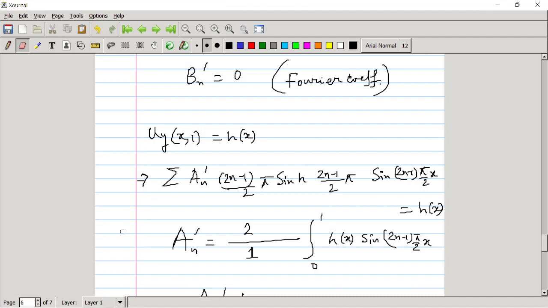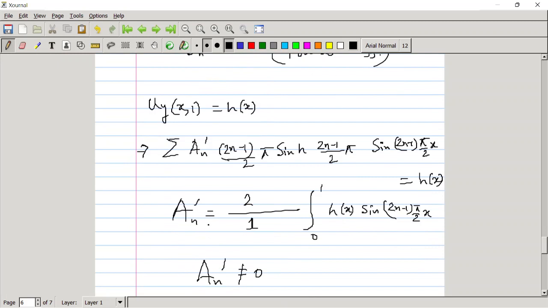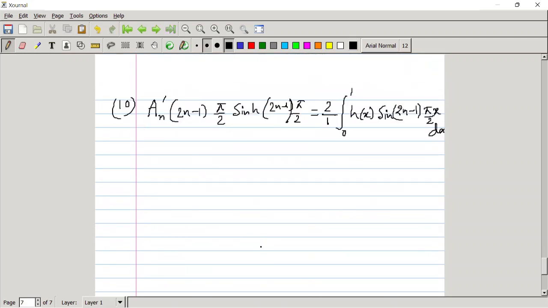The whole constant I am writing here: (2n minus 1) pi by 2 sine hyperbolic (2n minus 1) by 2 into pi. This is the whole constant into a n dash. So I am getting a n dash as this.